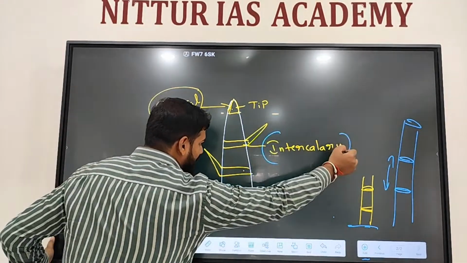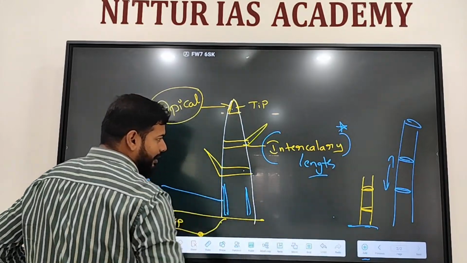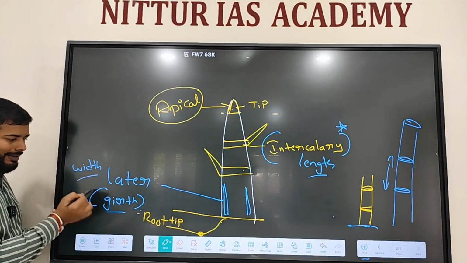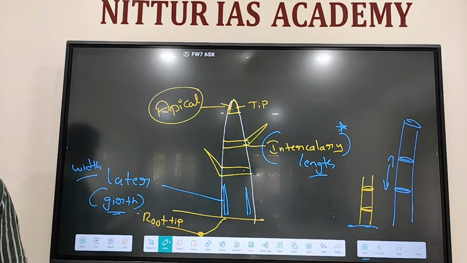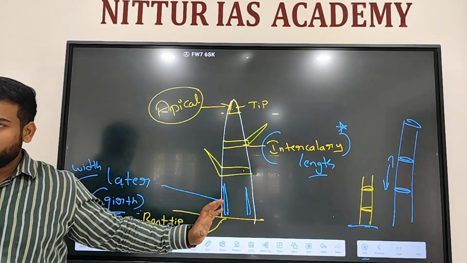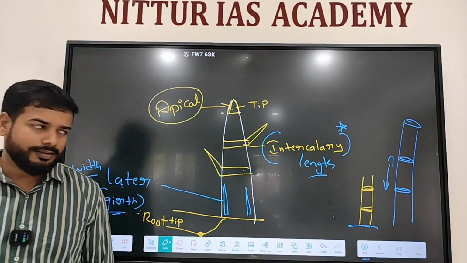Intercalary meristem. The increase in width or girth is due to lateral meristem. Rapid elongation of bamboo stem is due to intercalary meristem, right?